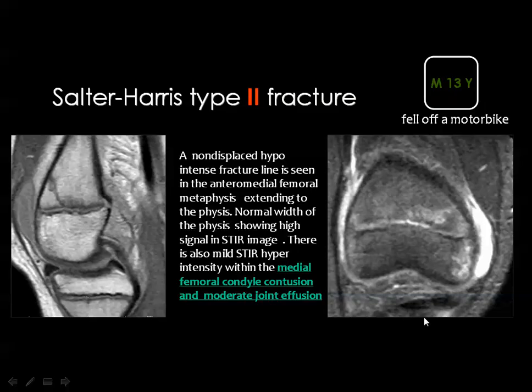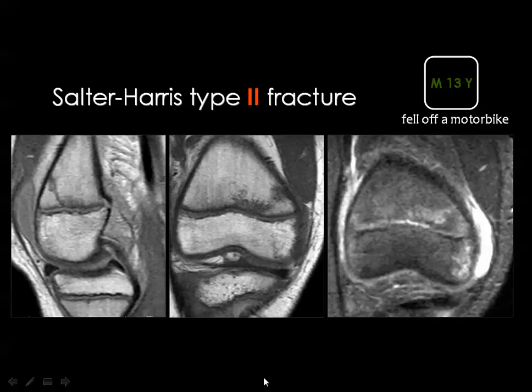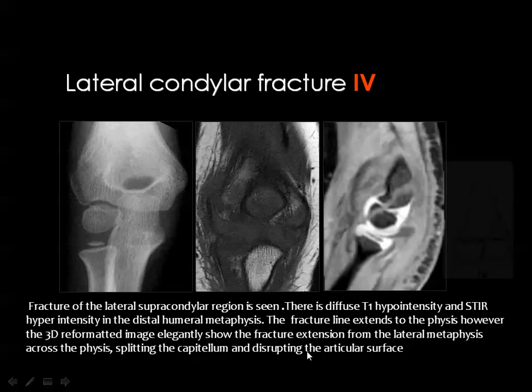In the coronal T2 gradient image, you see bone marrow edema of the metaphysis as well as the epiphysis with some joint effusion. And this is the coronal T1 weighted image showing the edematous changes as well.